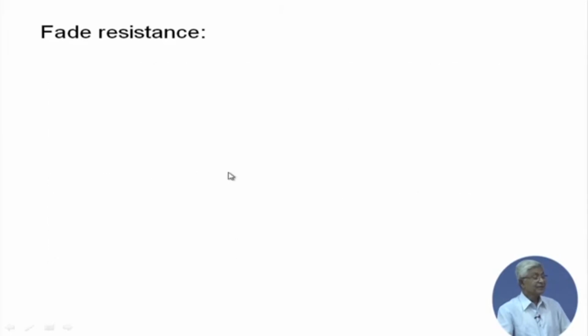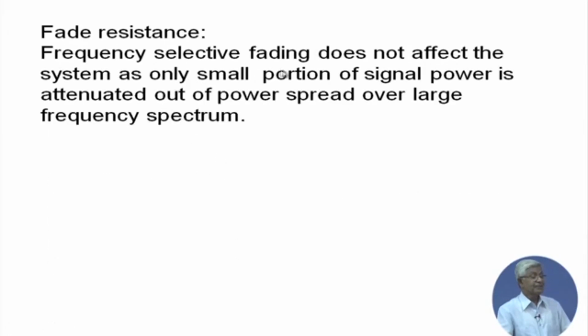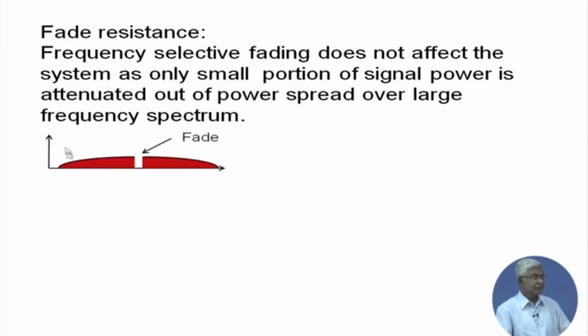Fade resistance: frequency selective fading does not affect the system, as the signal is spread quite large. So only one small portion of the signal power is attenuated due to frequency selective fade, out of the power spread over the large frequency section. Pictorially, this is power, this is frequency, and this red shaded area is the spread.